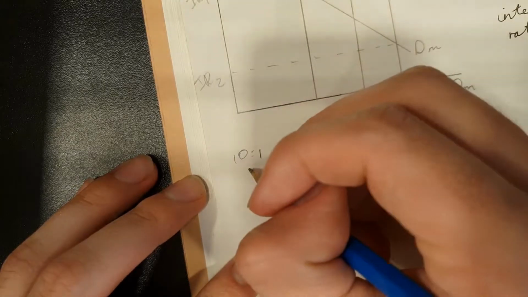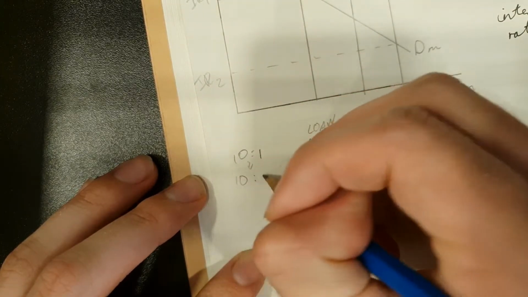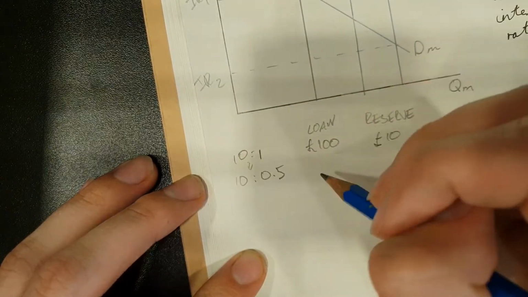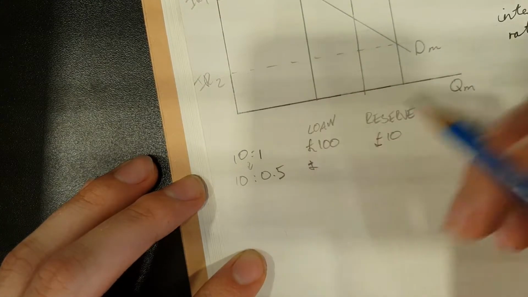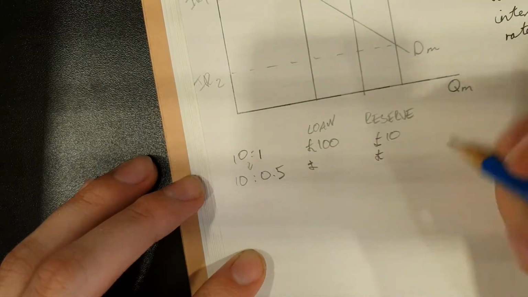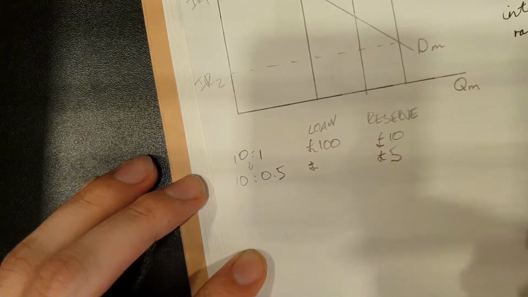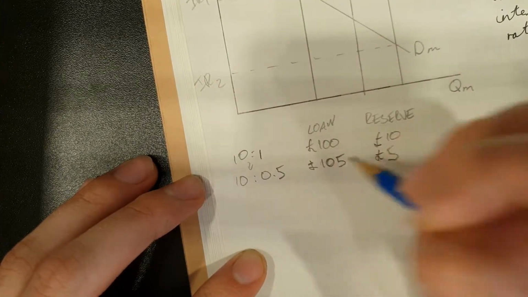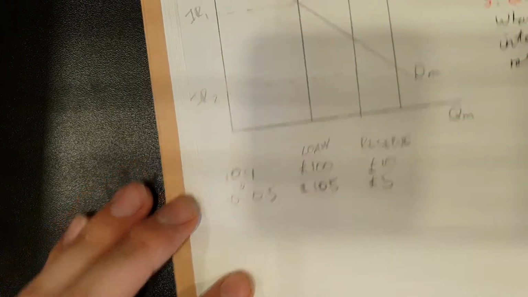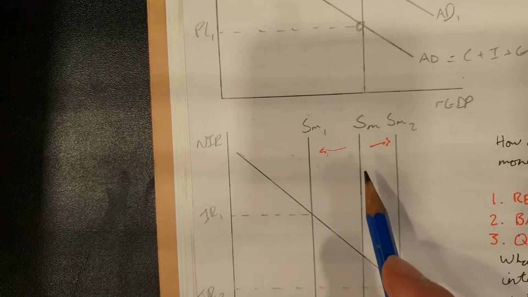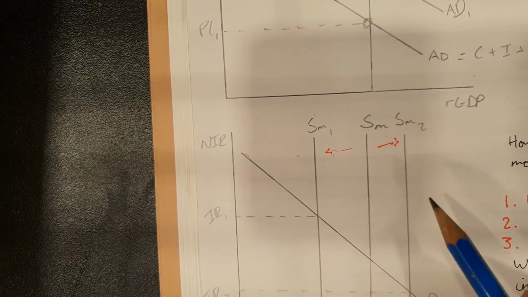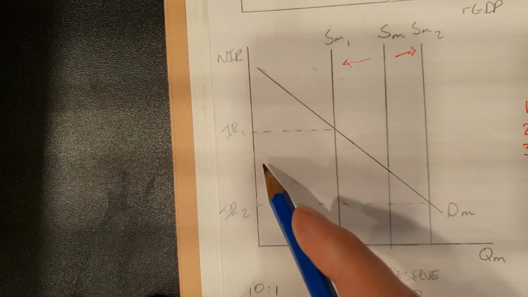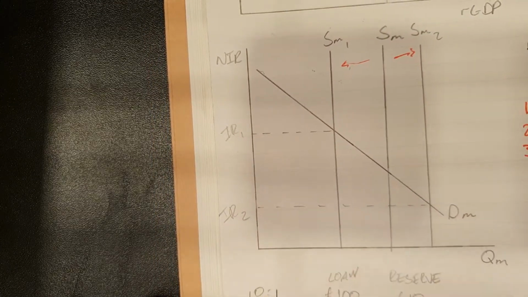But if we change the reserve requirement to 10.05, they have the same amount of total assets, but they only have to keep £5 in reserve, so they can loan out £105. This means there's more money into the economy, which means we've expanded the supply of money and subsequently lowered the interest rate.